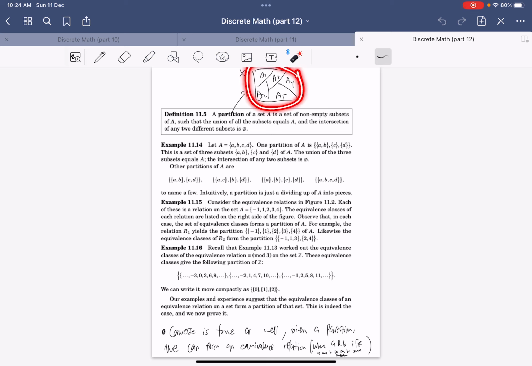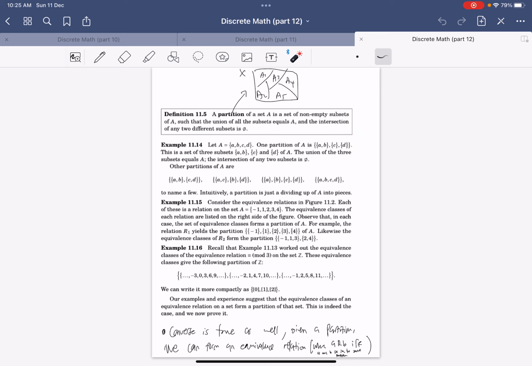But when you union all of them, you get the full piece A, or the full piece X, if you will. And then the intersection is empty, meaning they don't overlap. For example, if you have marbles, you can break them into two, but the same marble cannot be in both pieces. So that's an example to show what a partition is.